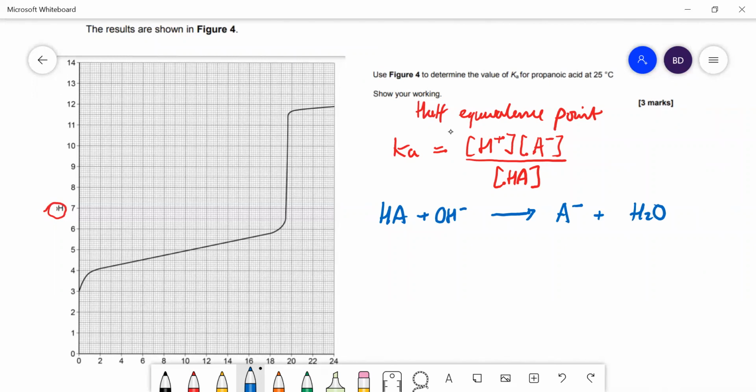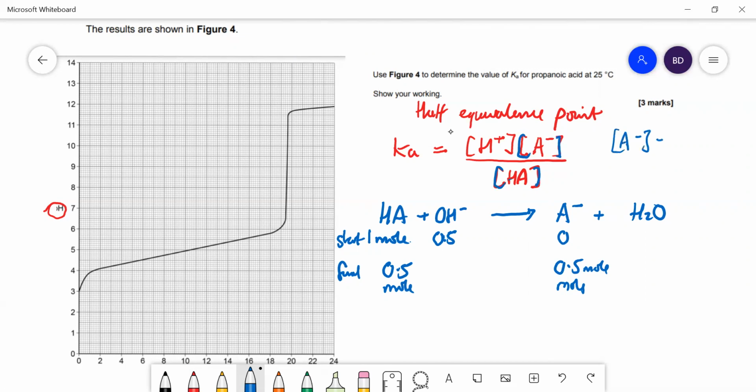If we add 1 mole of that at equivalence, at half equivalence we'd only add half the moles of that, 0.5 moles of that, but not of that. So from start to final, we'd end up with 0.5 of a mole of HA and 0.5 of a mole of A minus as well. The concentrations of those two, HA and A minus, are equal.